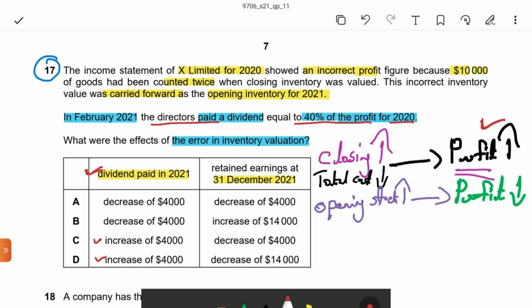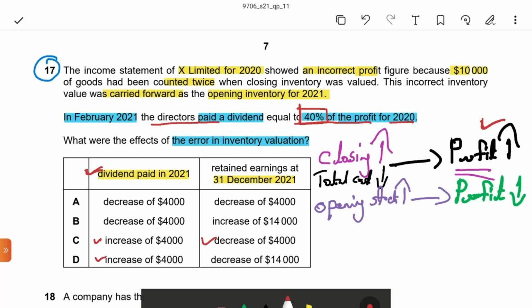When the distributed profit increases, the undistributed profit, or retained earnings, will be less. That means decrease. So retained earnings will decrease by the same amount, because we paid more. 40% means 4,000. So here C shows a decrease of 4,000.